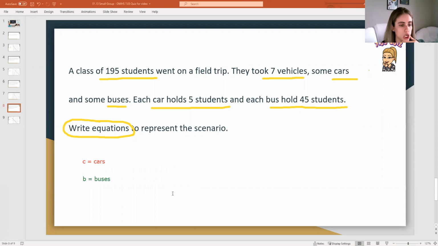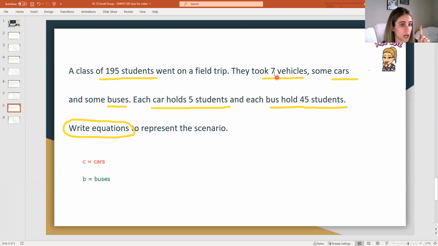All right, now that I know what I'm dealing with, let's check out our information and see exactly what is dealing with cars and buses. Okay, so I know how many students there are, and I know that a car can hold 5 and a bus can hold 45. So that means it's not the number of students. I know the number of vehicles, but I don't see anywhere where it tells me how many cars or how many buses.